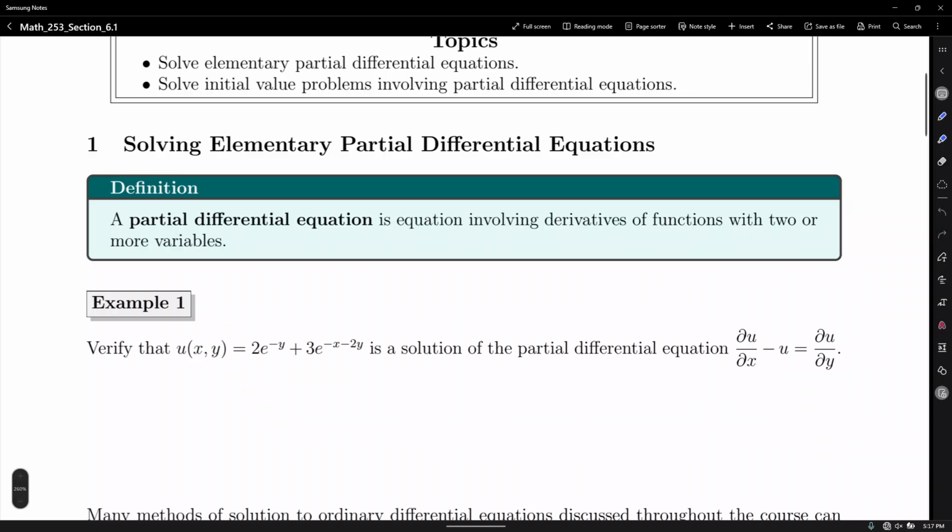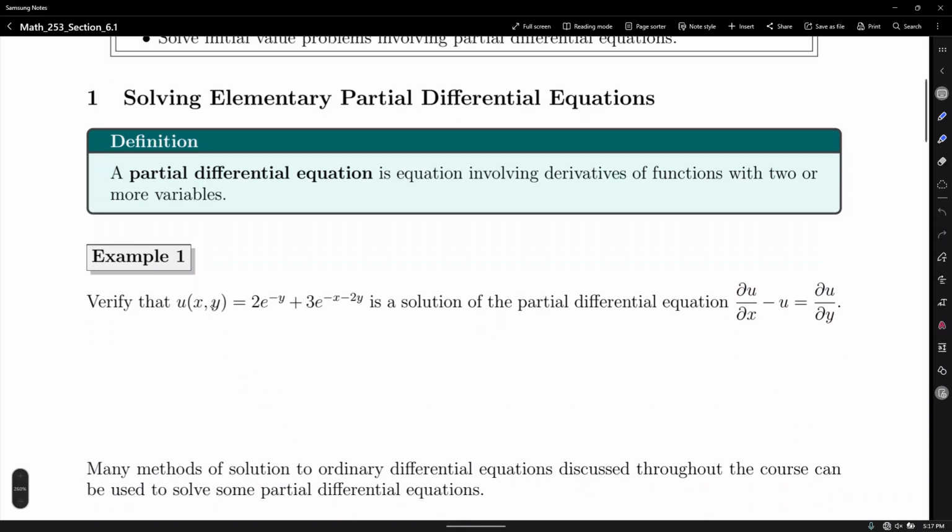So what do we do? In this case, we're given the function, and we need to take the necessary partial derivatives: the derivative of u with respect to x and the derivative of u with respect to y. So the partial of u with respect to x equals the derivative.